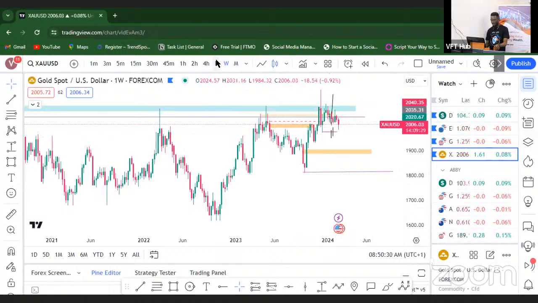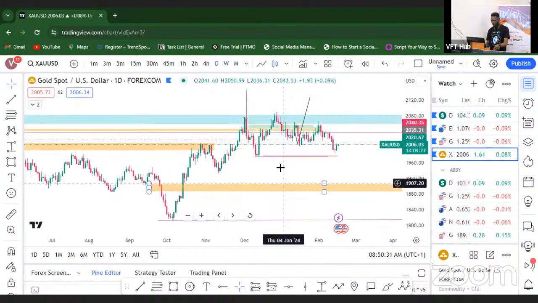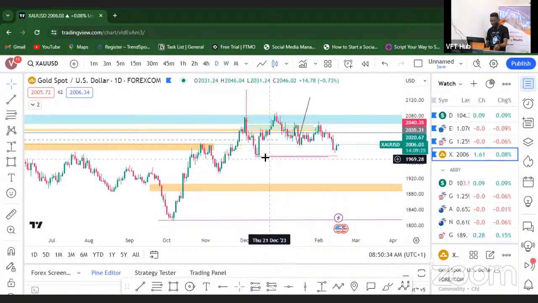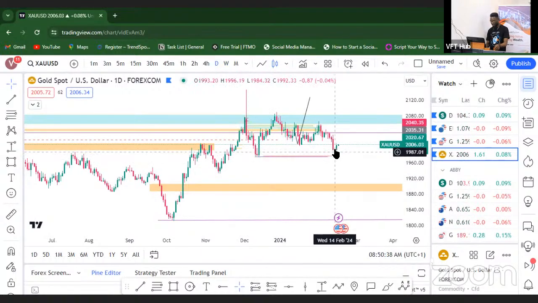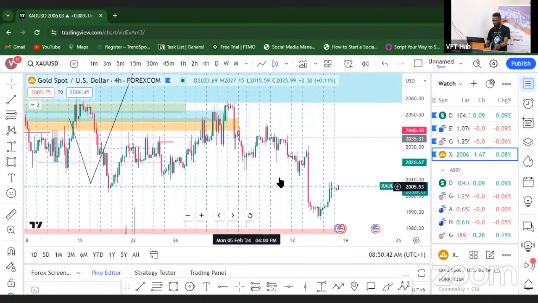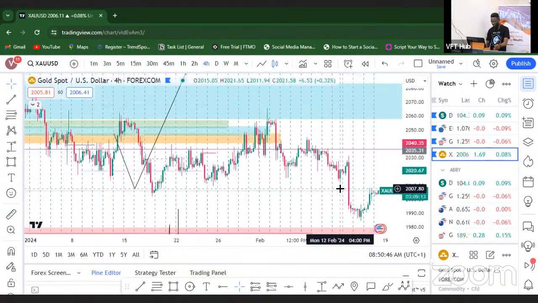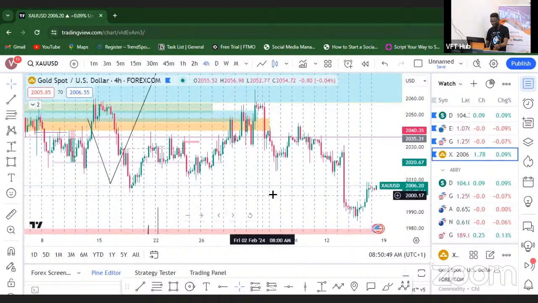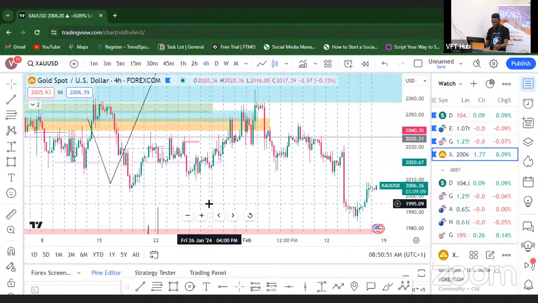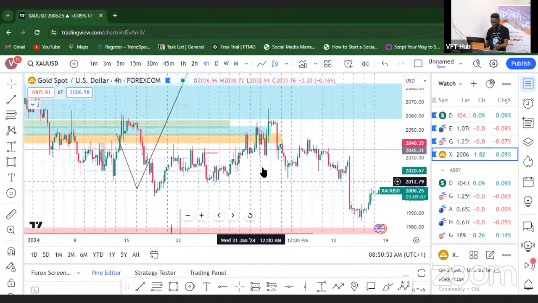However, on the daily time frame, we expected it to short into our daily order block. We can see it here, that's where gold came to. At the same time, we see something on the 4-hour time frame, where gold actually shorted into.